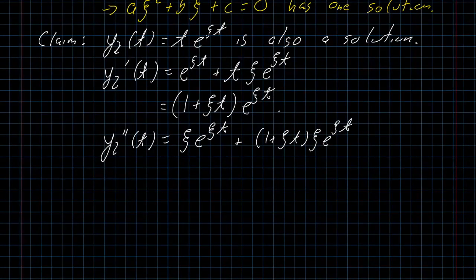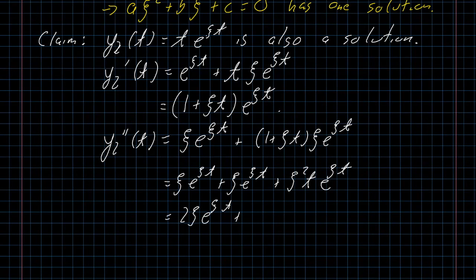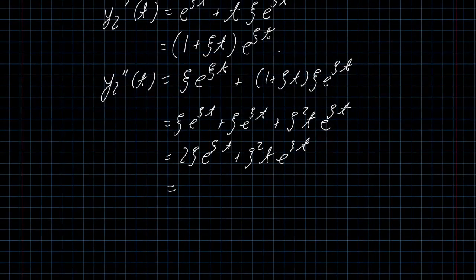This will take a little bit more working out, but multiply everything out, combine some like terms, and factor out the exponential, and we get 2c plus c squared t, times e to the ct.